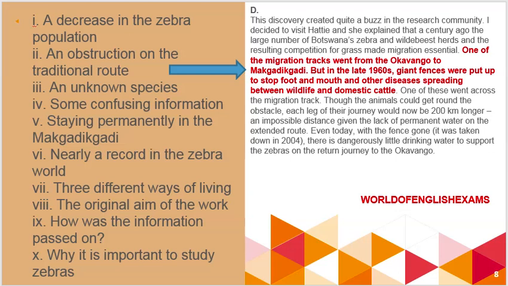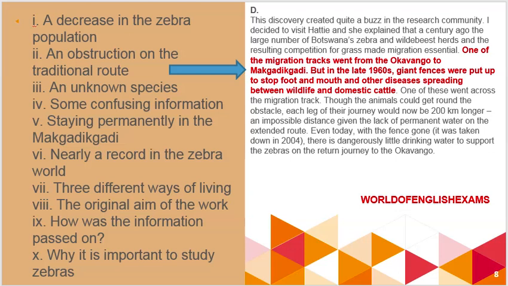I decided, which means the writer of the passage decided to visit Hattie, maybe to understand about that, and she explained that a century ago the large number of Botswana zebra and wildebeest herds and the resulting competition for grass made the migration essential. So the writer came to know that there was a lot of competition for grass.